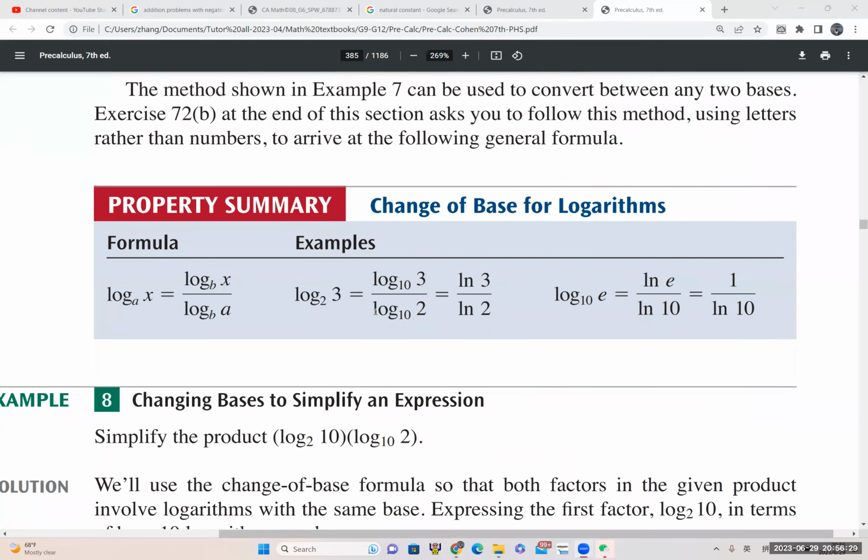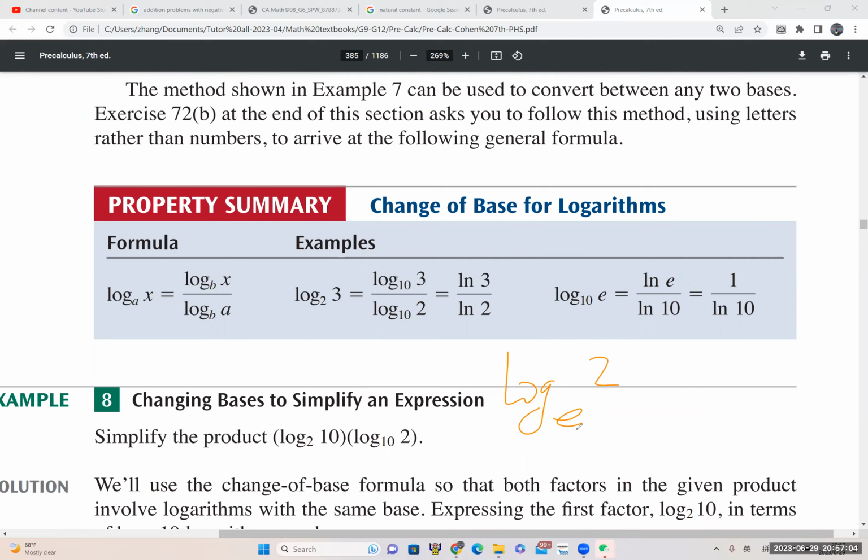Then how to use it? Especially if you want to get log base e of 2, right? Normally we don't need to change base. You can check your calculator. Normally we have bases like 2, e, 10.